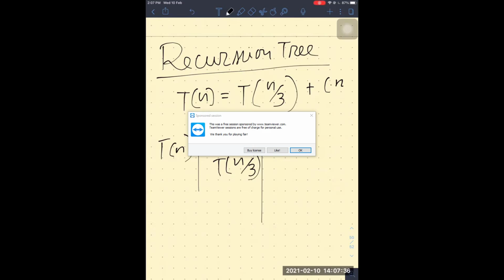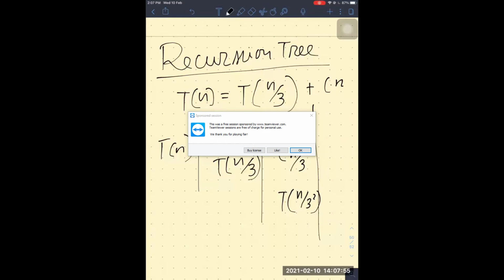In that step, we'll get C of n plus C of n divided by 3 and T of n over 3 square. In the next level, we will put another n over 3.